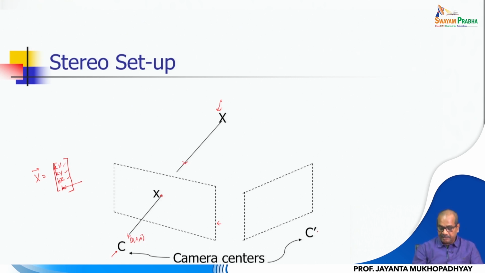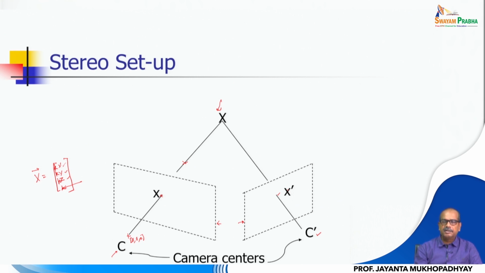Similarly, for the second camera, which is placed at a center C prime, there is again an image plane, another image plane of this camera, and it defines its own mapping of that same scene point. In this case, the point is mapped at a point x prime, which I am denoting. Now, this is what a stereo setup is.